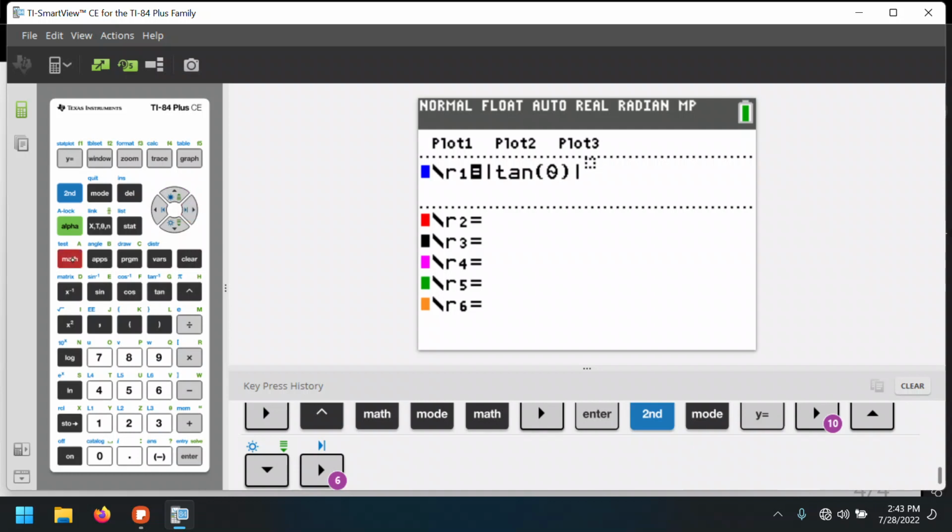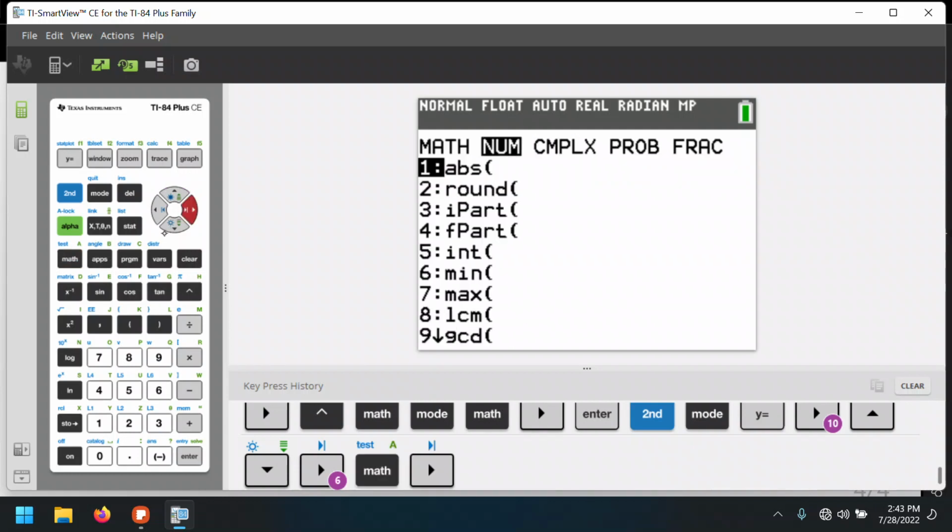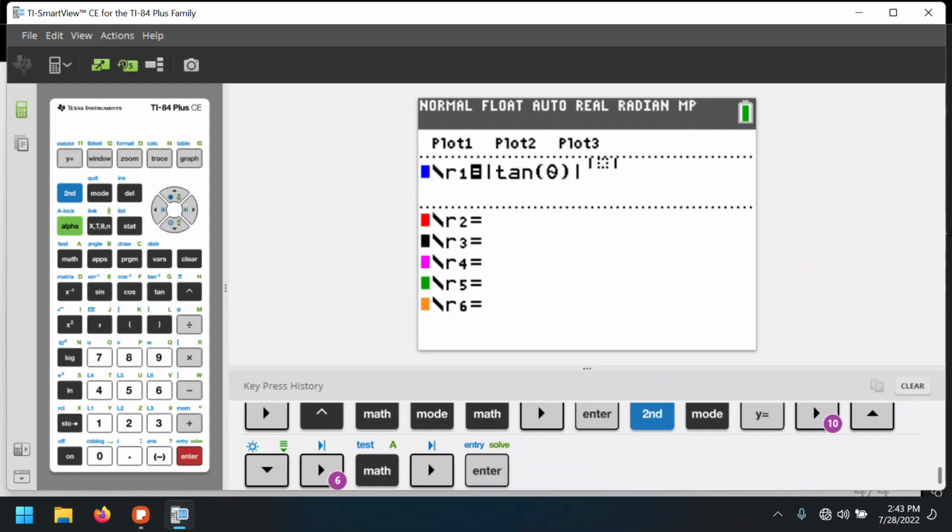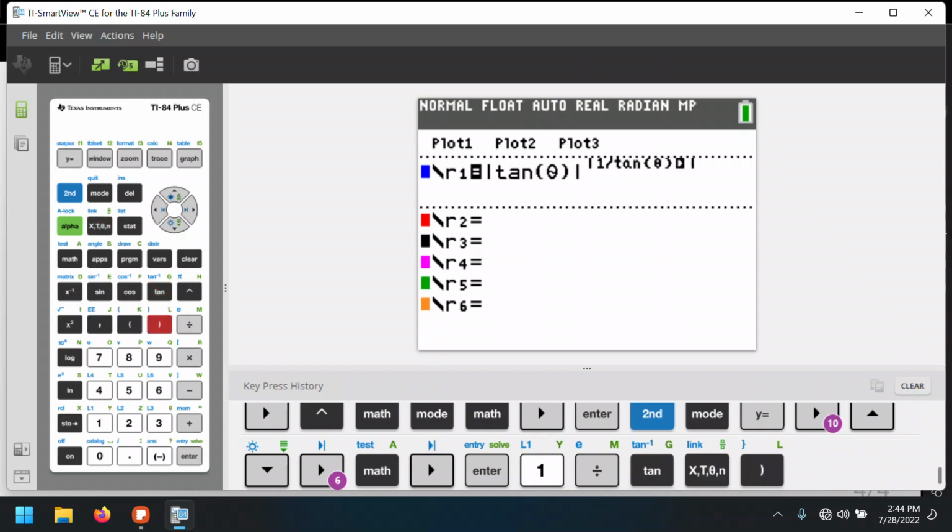Okay, so math, num, absolute value of cotangent, but we don't have a cotangent command in our calculator, do we? But we can use trigonometric identities to represent the cotangent using a different command. Which one would that be? Tangent, 1 over tangent, so 1 over tangent theta, but don't forget to close parentheses.